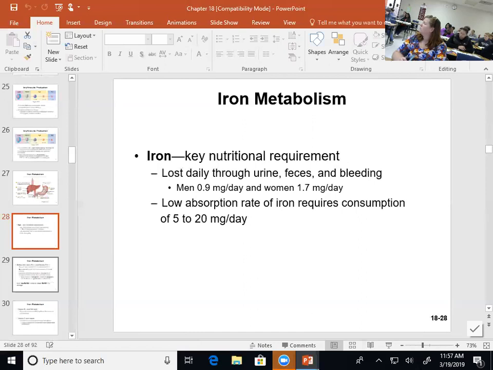If you don't have enough acid in your stomach, you can eat iron-rich foods all day long and you'll never absorb any of it. So you have to have a healthy stomach producing enough acid that it reduces the iron. The iron that comes in is a type of ion, and it has to be reduced so that it can be absorbed. Otherwise, it's going to go right through the other end. You get what I mean?